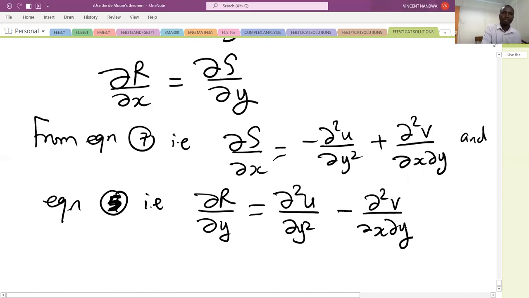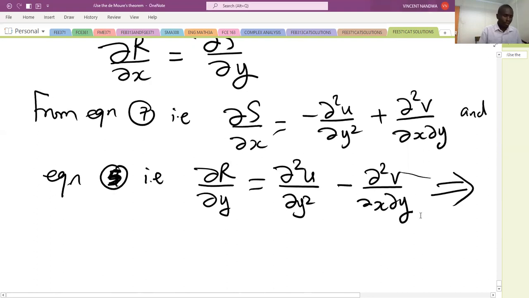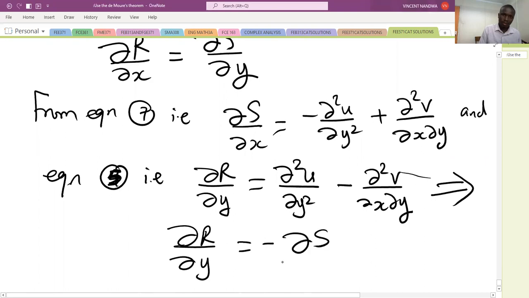It tells you that these two are negatives of each other, implies that ∂R/∂y is the same as −∂S/∂x.